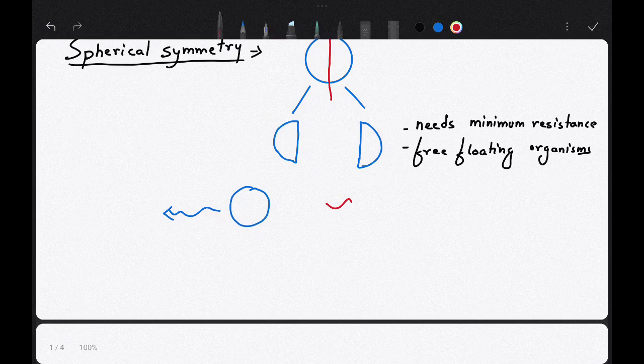Now water will come from this side or air will come from this side. It would be easier for them to move from one place to another if there is minimum resistance on their body surface. So they are spherical in shape. I hope this is clear. Now this type of feature is found in Volvox. Okay, Volvox, remember Volvox. Now next is radial symmetry.